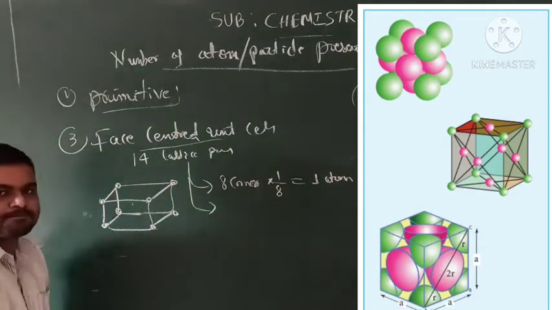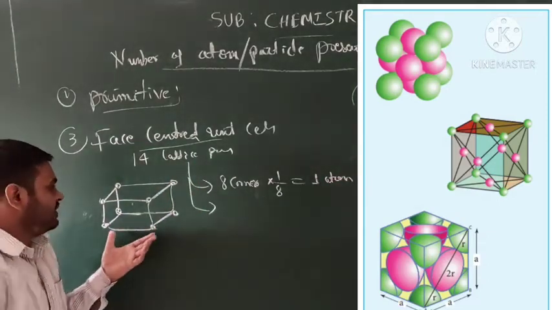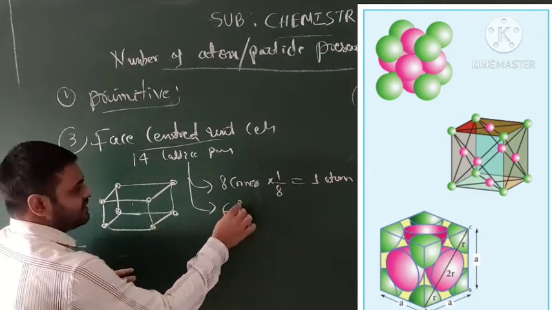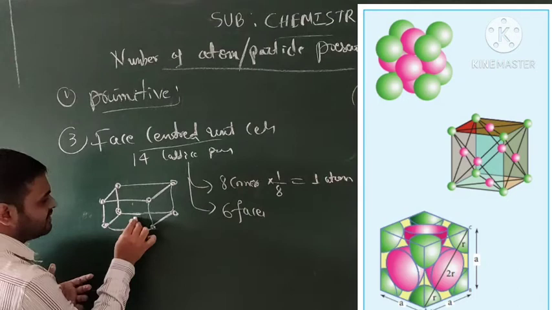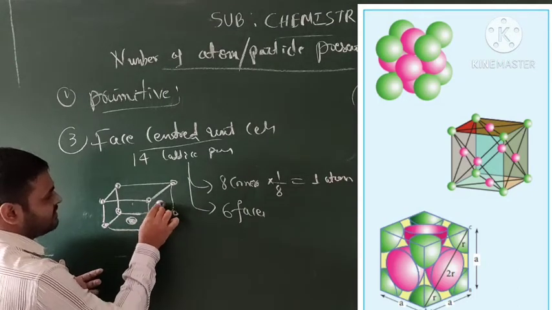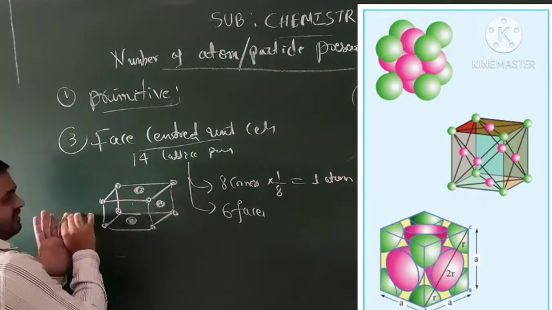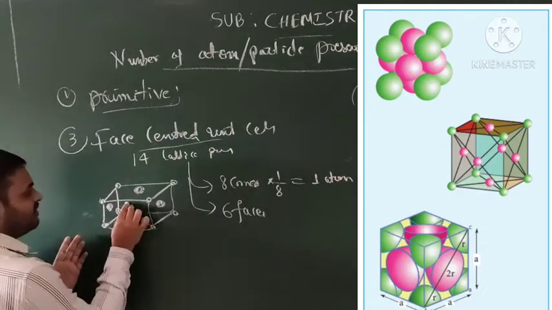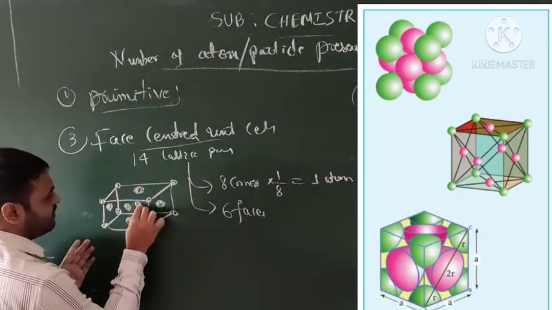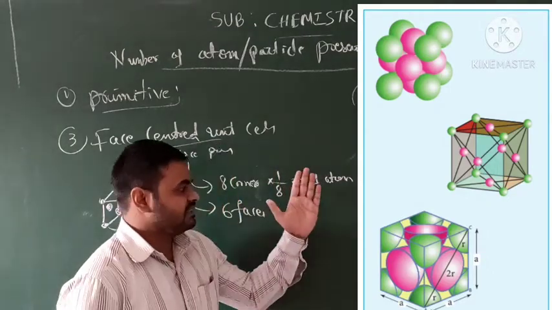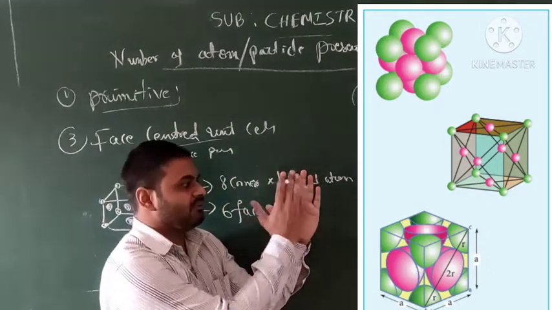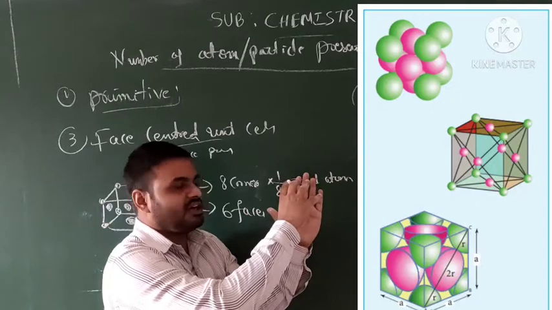Then what remains? Yes, 6 faces. What are these? 1 face, 2 faces, 3 faces, this is 4 faces, plus the front face and the back face. Students, for one face, we can observe only half of the part.